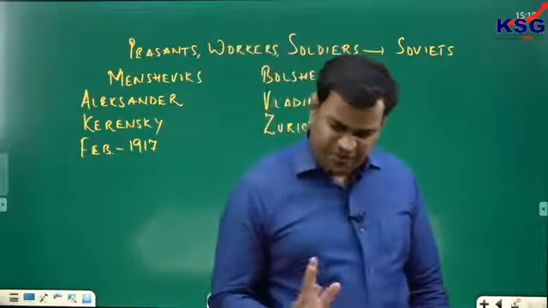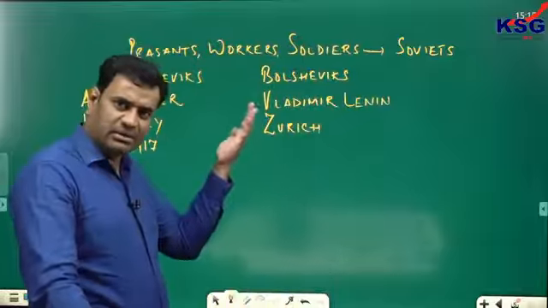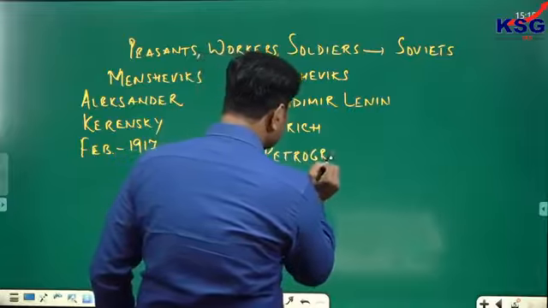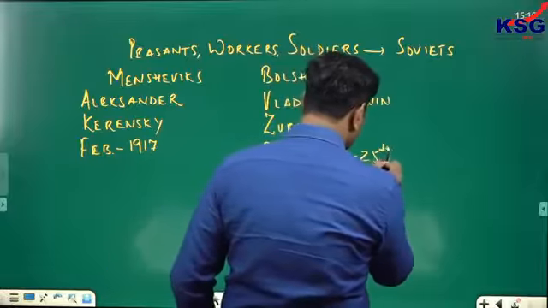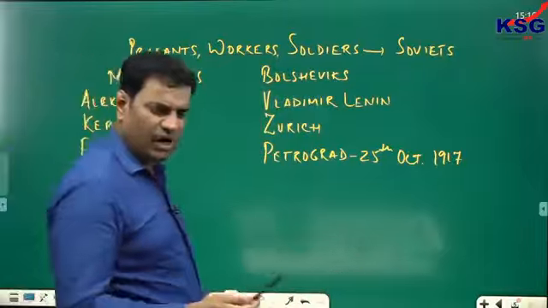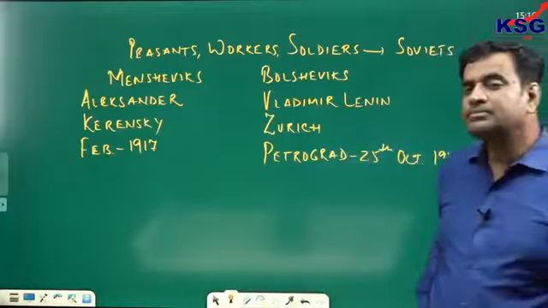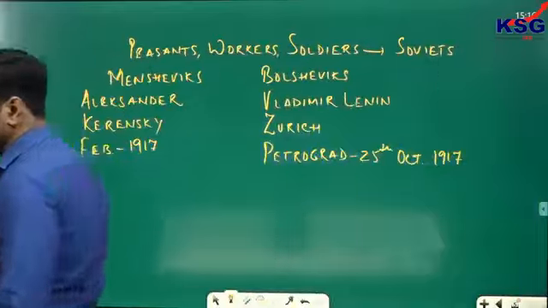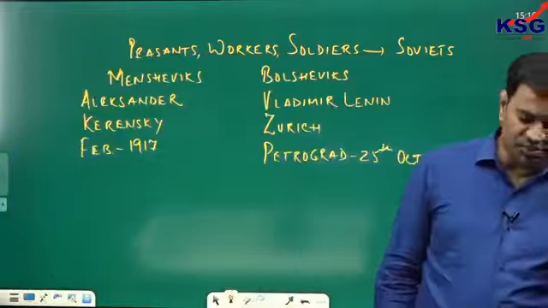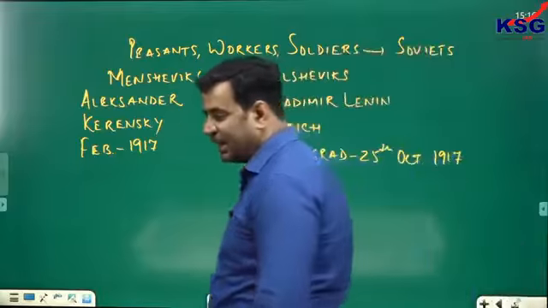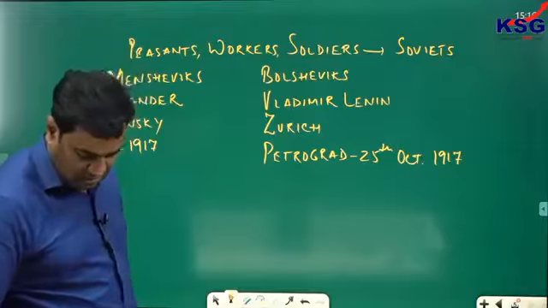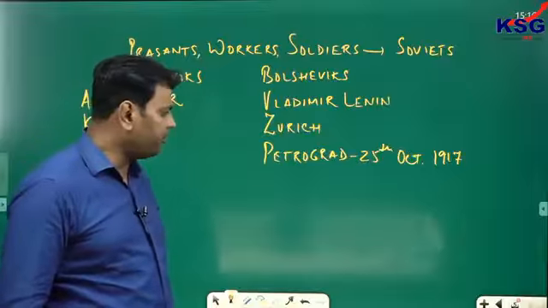Right. After some time, Lenin returned back to Russia and gave a powerful speech in the Russian capital of Petrograd, known as St. Petersburg.